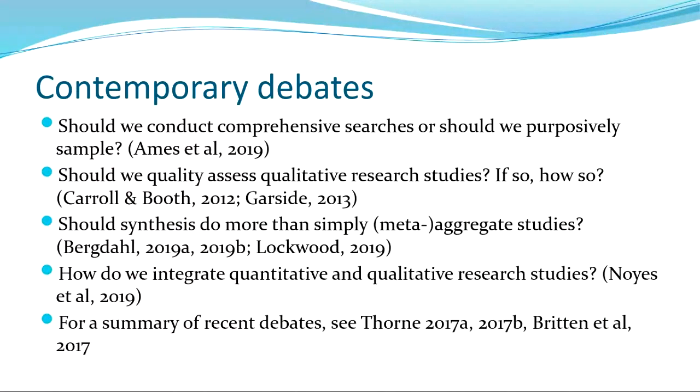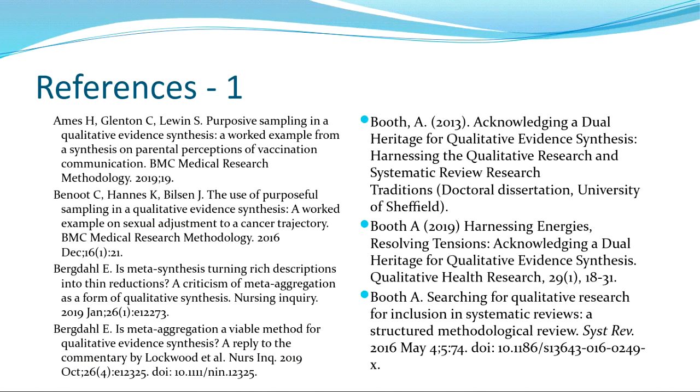So I'll just conclude with some useful references for you to work through. You'll notice that the first two articles here are around this issue of purposive sampling, and then we have some material here on the limitations of simply aggregating the data.